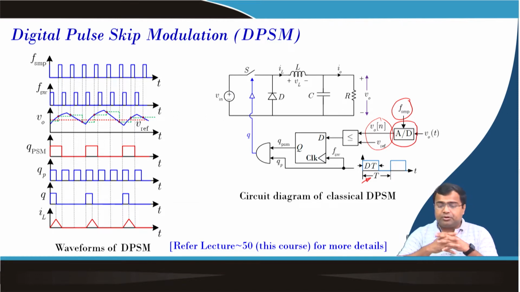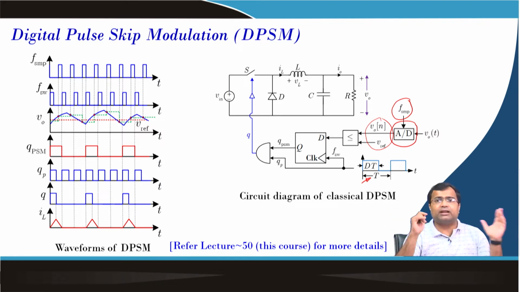Fixed duty ratio will have a problem for varying input voltage, because if you keep the duty ratio the same and suddenly the input voltage increases, you may actually have large current ripple, and that may increase your voltage ripple also. Similarly, if the input voltage drops, it may so happen that there is no pulse skipping operation even under light load.